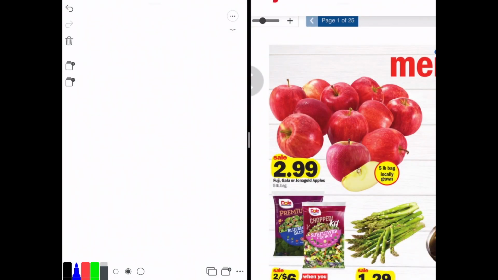Alright, here's an example of a time you might want to use a unit rate when you are out shopping. Let's say you go to Meijer and you see that Meijer apples are on sale for $2.99, and it's a 5-pound bag.